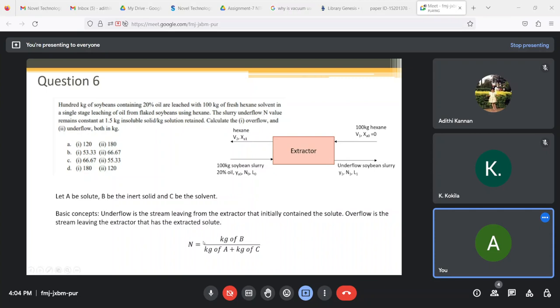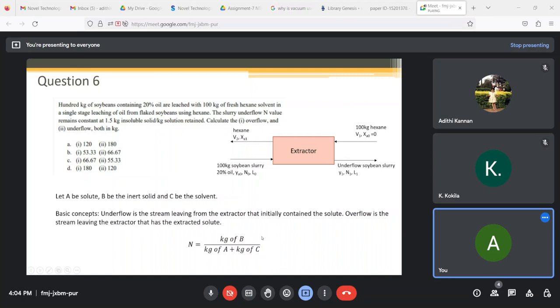N value is basically the amount of solid divided by the amount of solution. In any stream, solution is basically the amount of solute plus the amount of solvent. So N value is the amount of inert solids, that is B, divided by the amount of solute plus the amount of solvent.